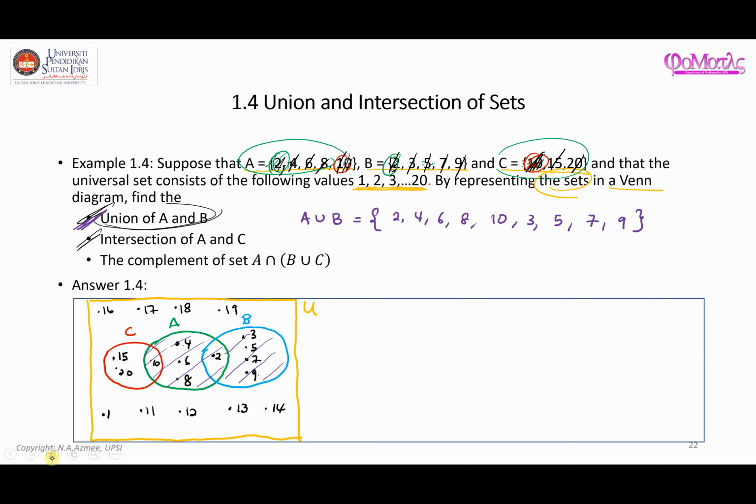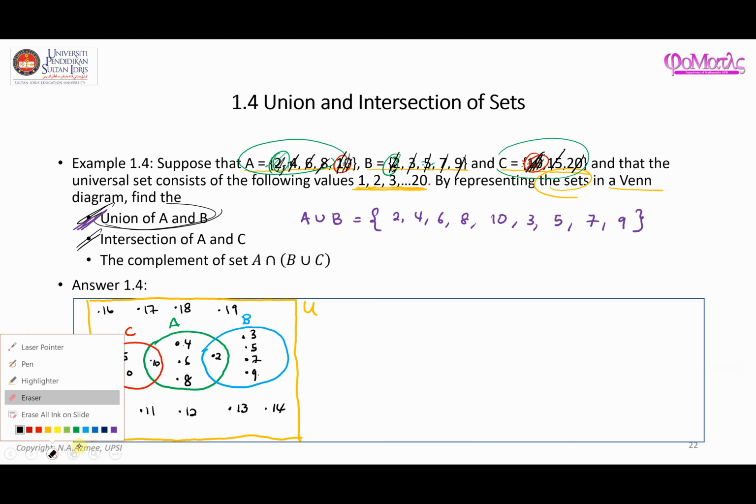Next, let me just erase this area. So next is the intersection of A and C. So the intersection of A and C refers to the area where you have an overlapping between those two sets.